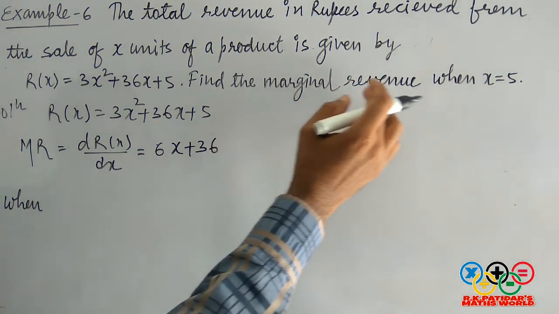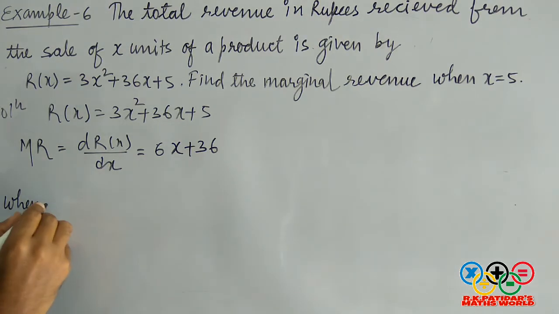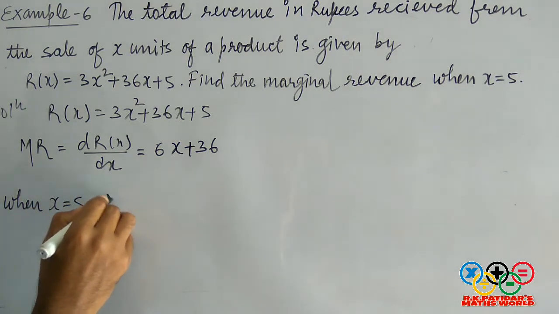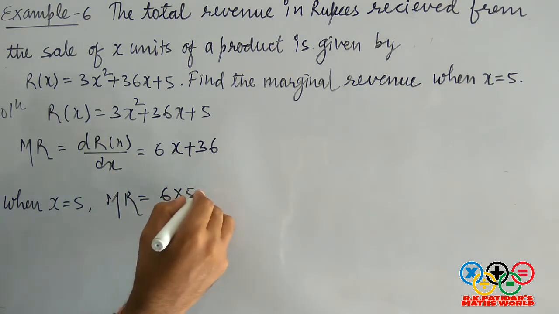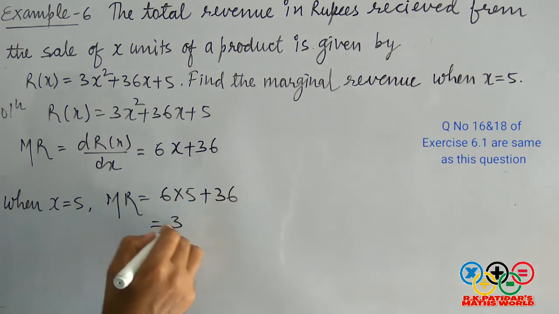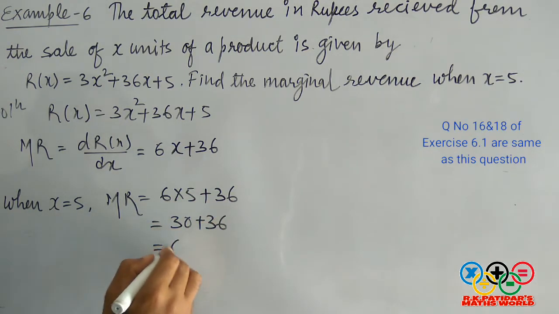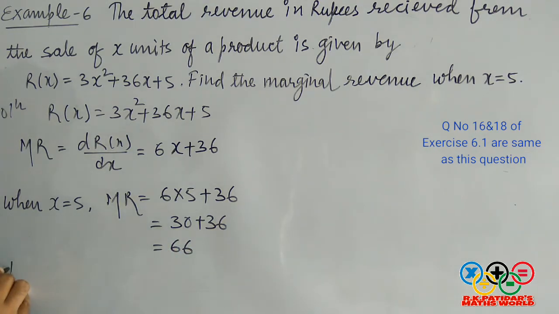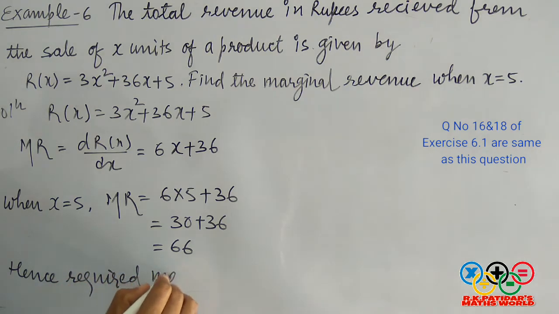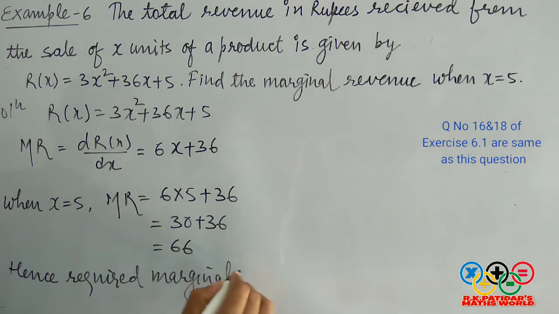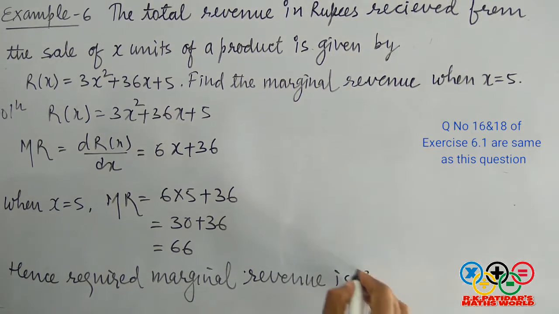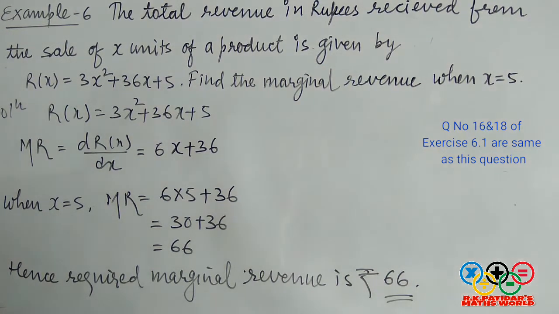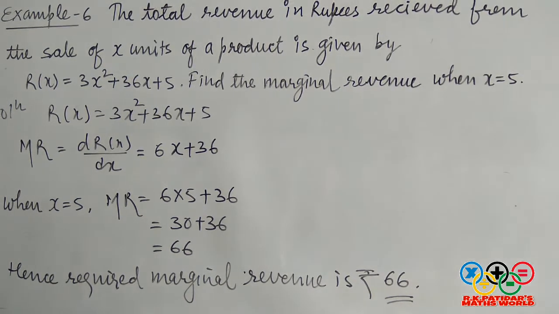In the question we have to find the marginal revenue when x is equal to 5. So 6 into 5 plus 36, 30 plus 36, that is 66. Hence the required marginal revenue is rupees 66.